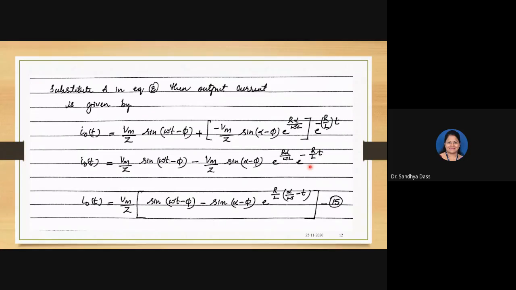Combining these two exponential terms, we have i naught of t equals Vm by Z sine omega t minus phi minus, taking Vm by Z outside, sine alpha minus phi e to the power of, taking R by L common here, R by L times alpha by omega minus t. So this is equation 15, which is the final equation for output current.